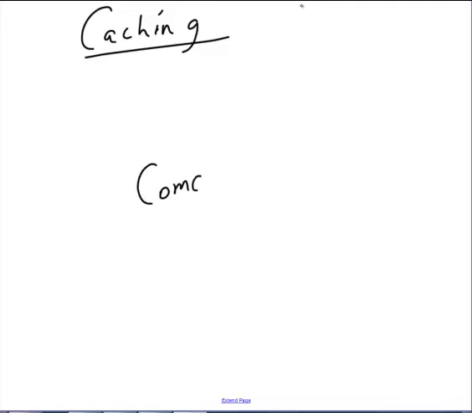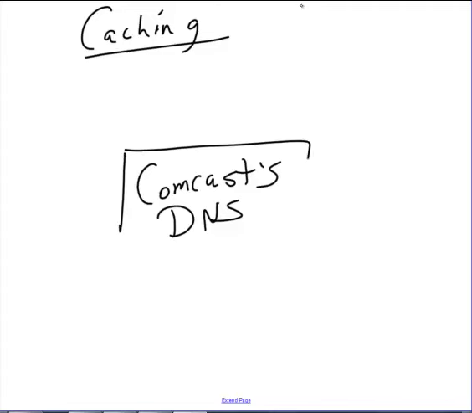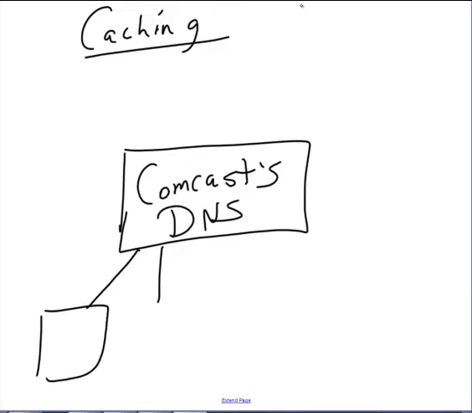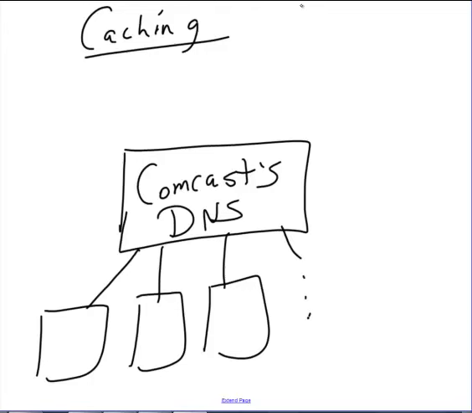Say this is Comcast's DNS. Now, Comcast has millions of users. Well, in Atlanta alone, I'm sure they have a couple million. So you've got thousands, maybe millions of users, all talking to Comcast DNS. Say person A went to www.yahoo.com.